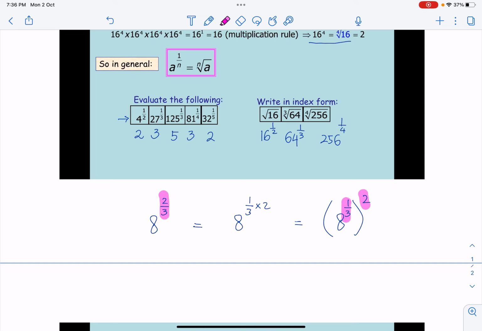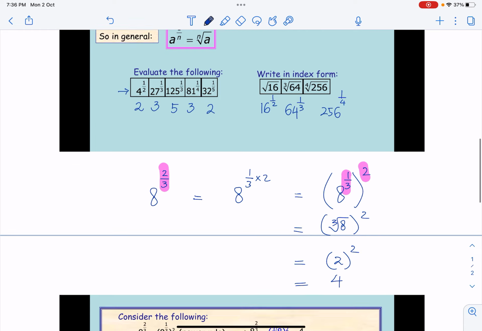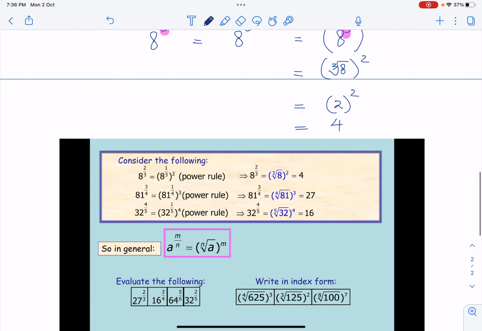So in this question you are going to calculate first the cube root of 8, and after you find the answer, you are going to square it. So cube root of 8 is 2, so 2 power 2 is 4. So that's how this works.